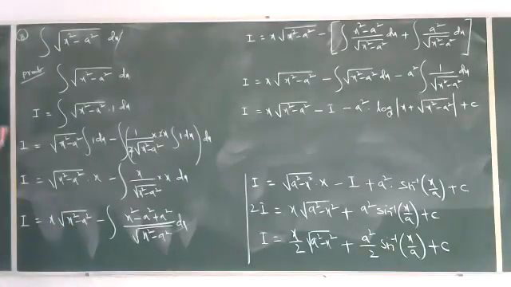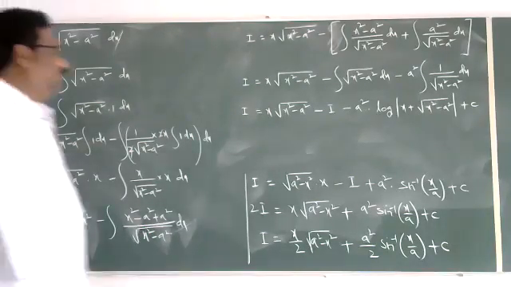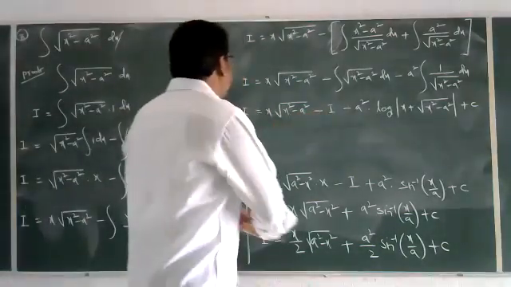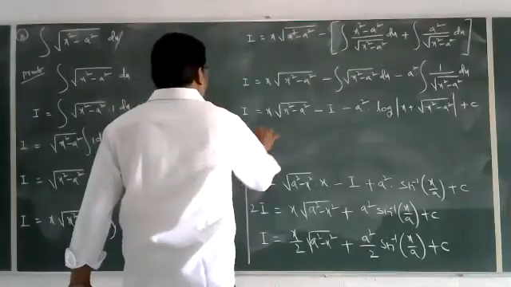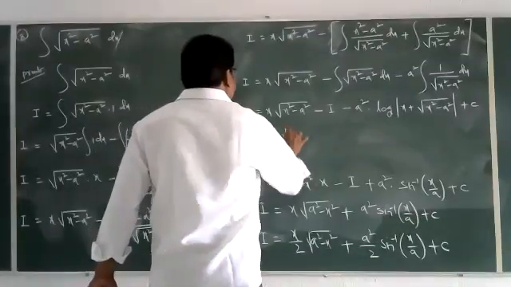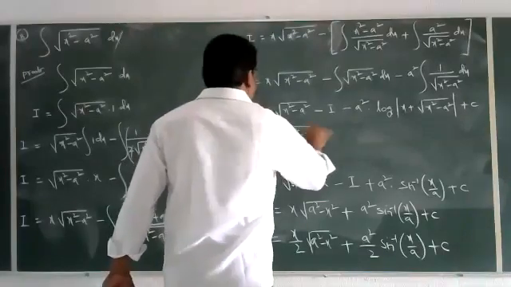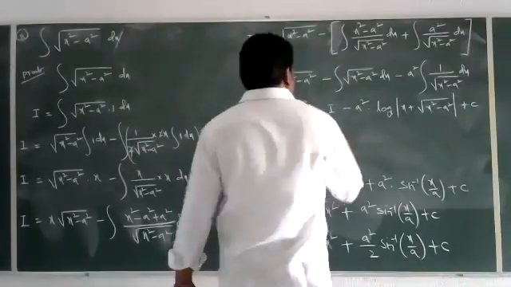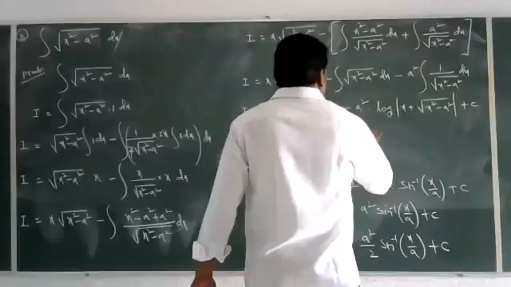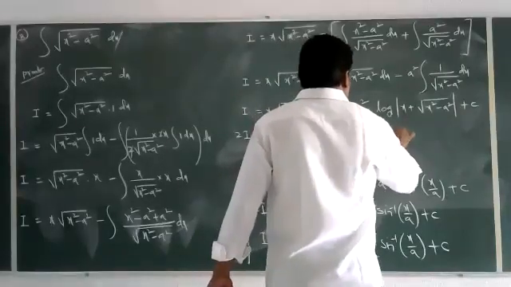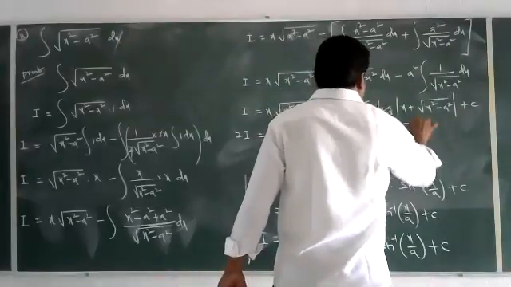You bring minus I to this side, you get 2I is equal to x into root of x square minus a square minus a square into log mod x plus root of x square minus a square plus c.